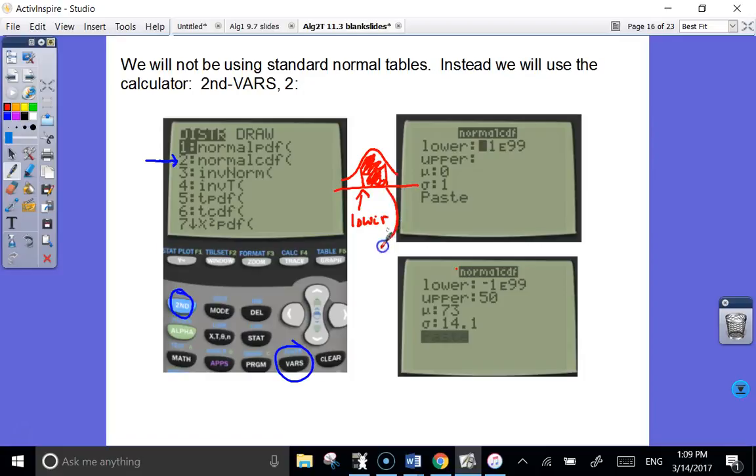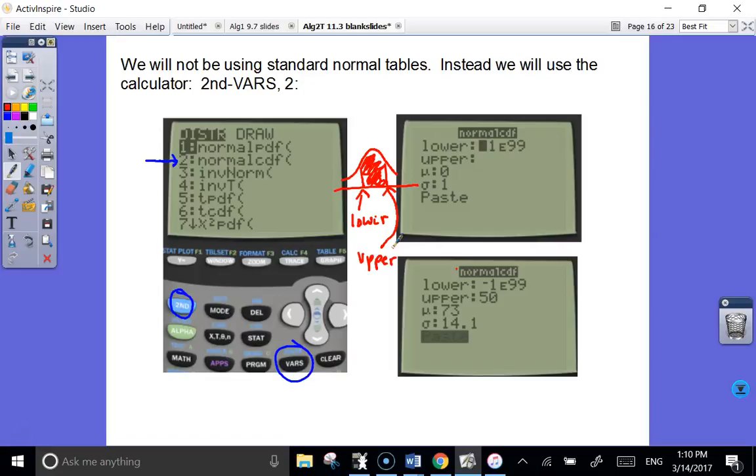The upper is the x value, which is to the right of the shaded area. Now, for the problem that we just did, our area ended at 50, but it went infinitely to the left. So we had a value for the upper, that was 50. But on the left, we didn't have a value.